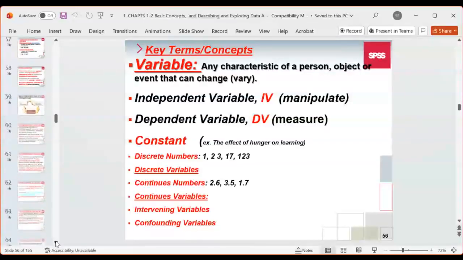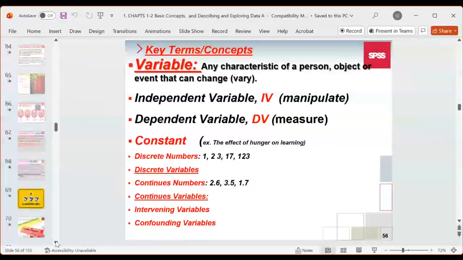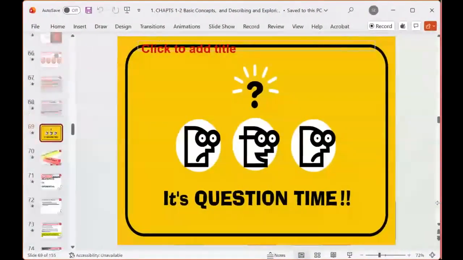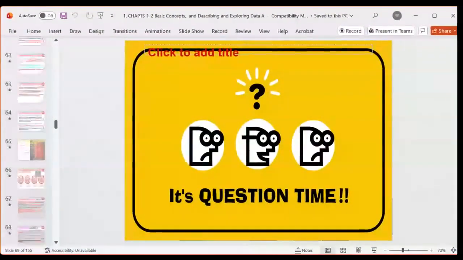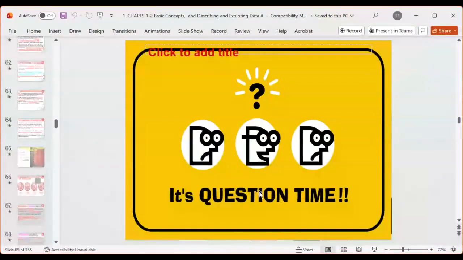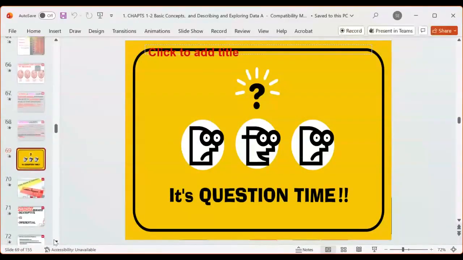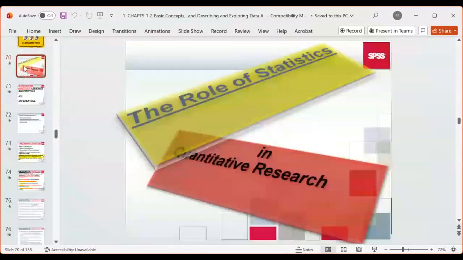We don't want to waste time and explain those variables to you, because we're not going to have use for them in this class. So let's continue.